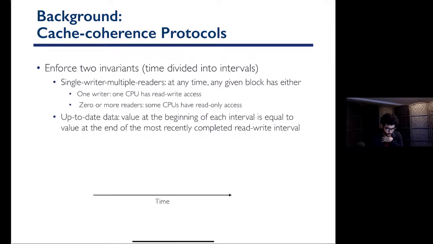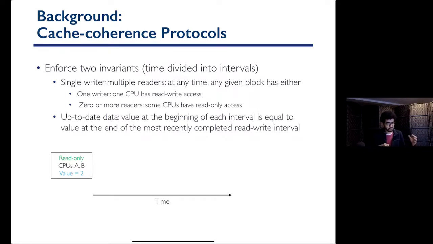Now, this leads to a division in time for cache coherence protocols. Basically, we're going to divide time into events, and the events that we care about are these loads and stores. As long as I have only reads, or read requests coming from different CPUs, I can have a read-only interval.